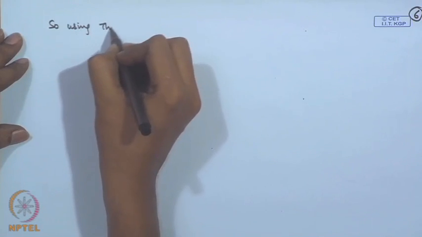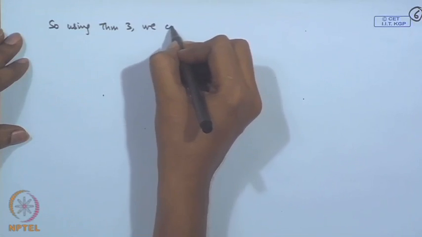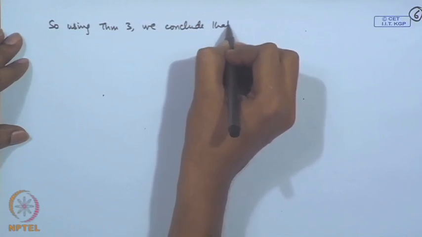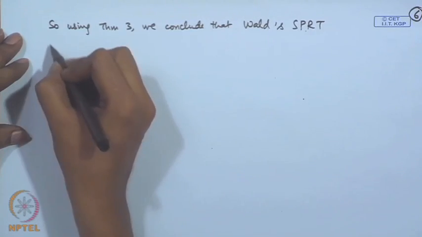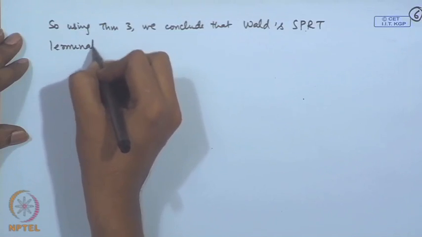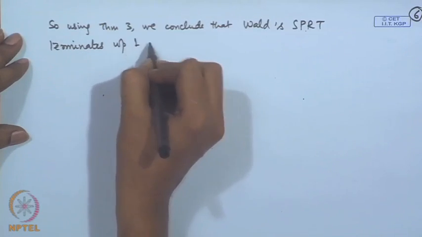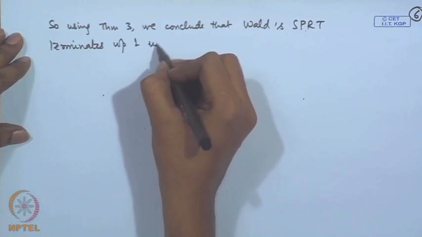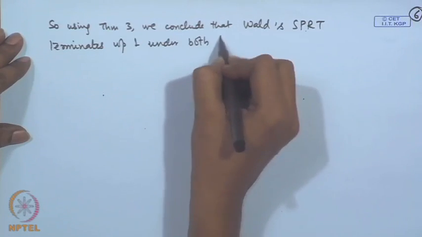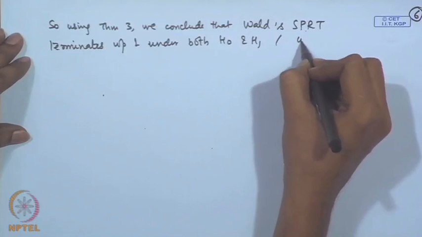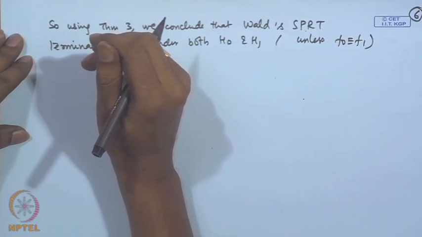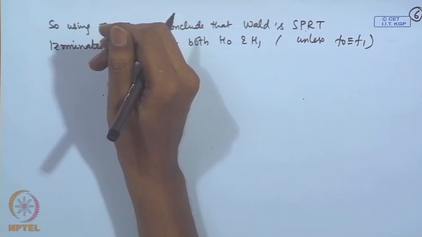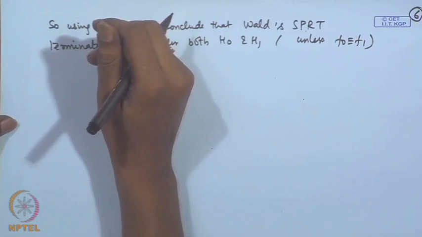So, what we have proved is that, using theorem 3, we conclude that the sequential probability ratio test of Wald terminates with probability 1 under both H naught and H 1, of course, unless we have f naught and f 1 same densities. Therefore, this is a reasonable decision making procedure.